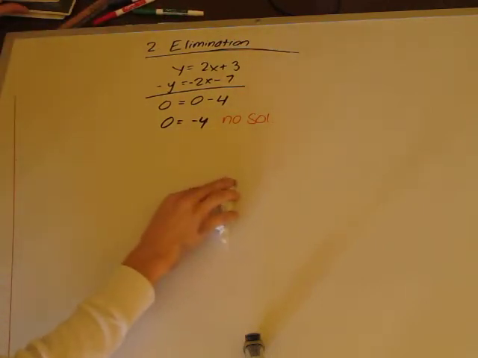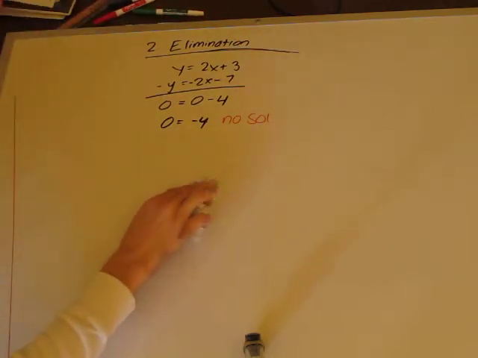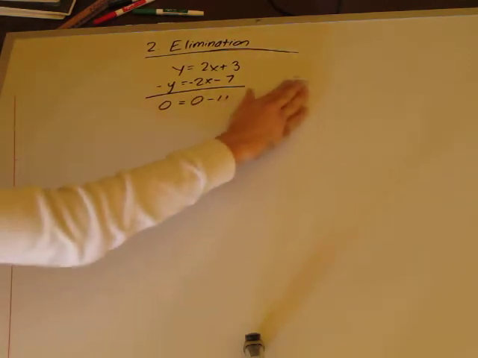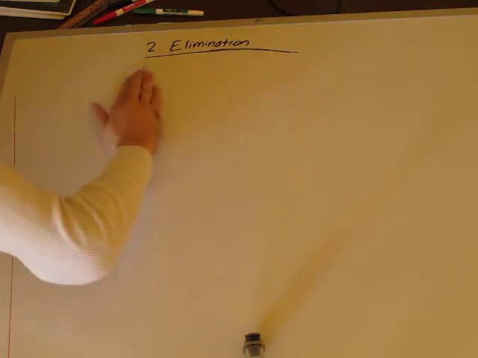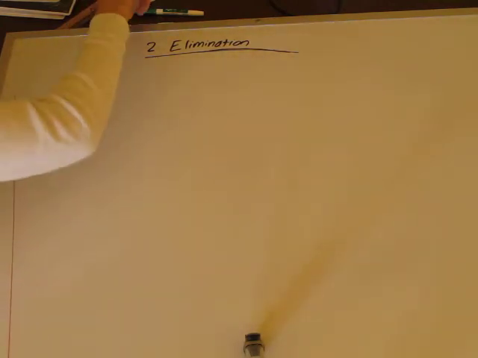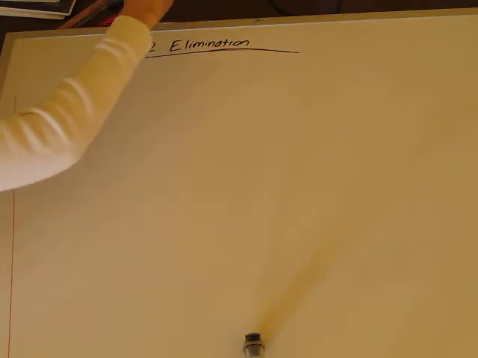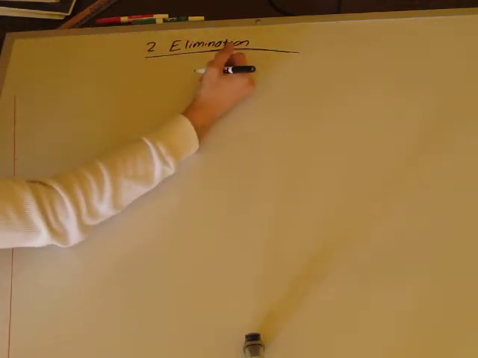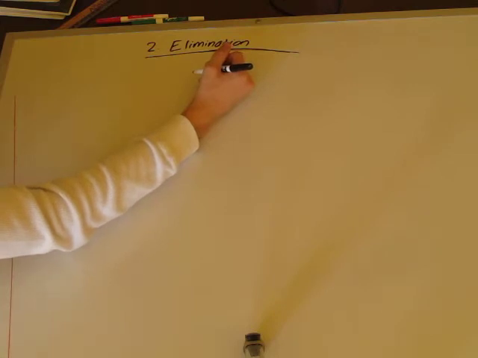Now, what happens if we have infinitely many solutions? I already showed you that, but we didn't solve for it. I don't remember the exact problem. I think it was y equals 2x plus 3 or something.